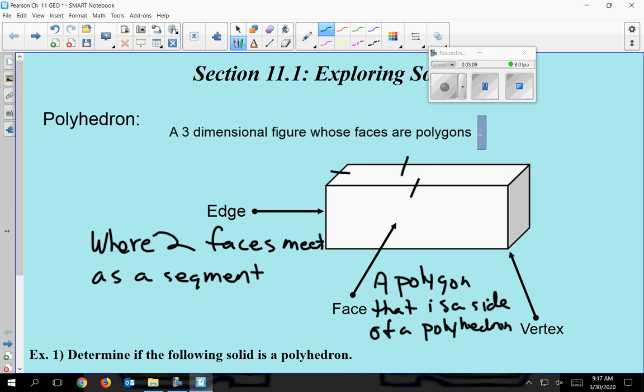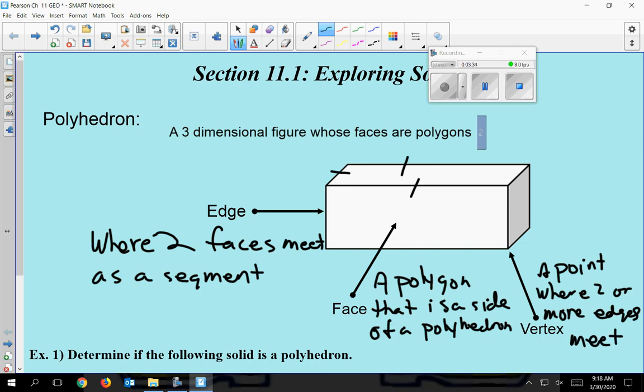And the last one is a vertex, which is a point where two or more edges meet.